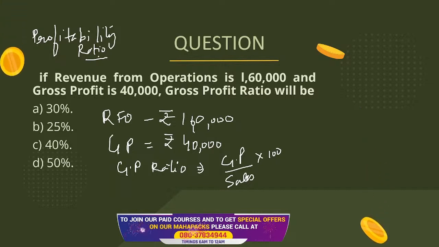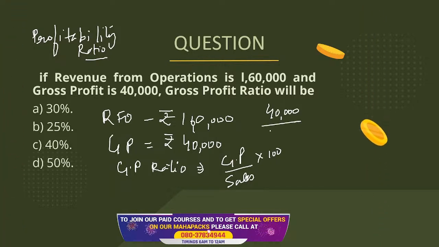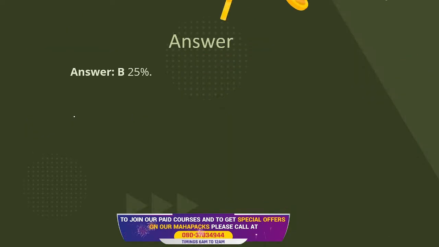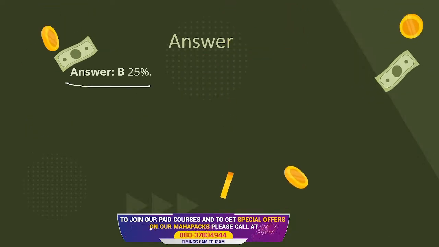So it's going to be 40,000 divided by 1,60,000. In terms of percentage, it comes out to be 25. It's going to be 25%.